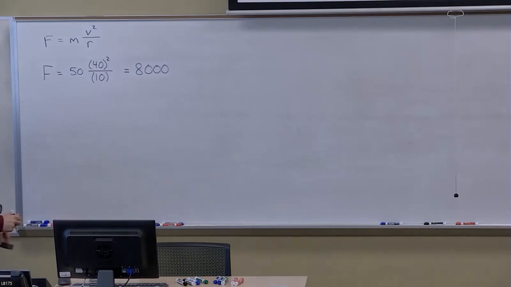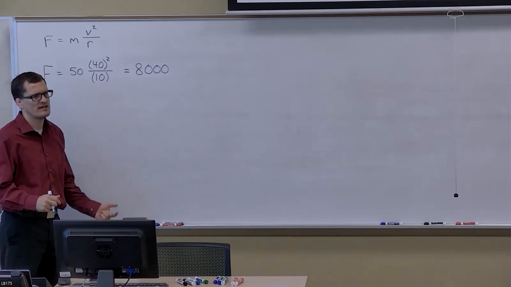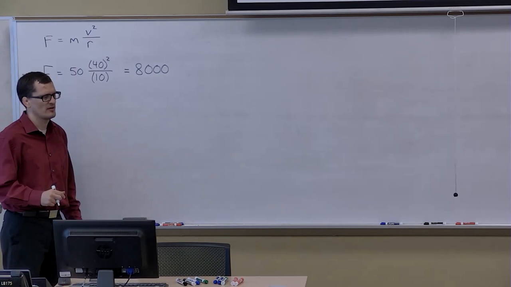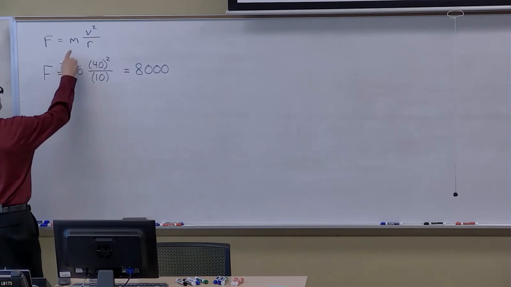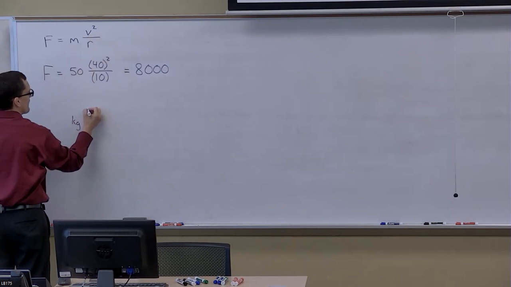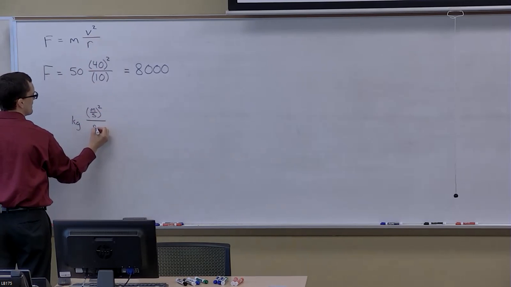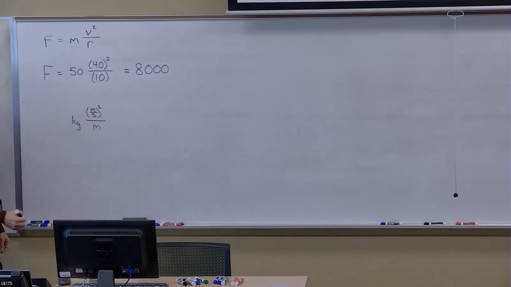By the way, if you ever want to know what the label is on force, they have some specific labels. If you think of the mass in kilograms, the velocity in meters per second, and the radius in meters, right?